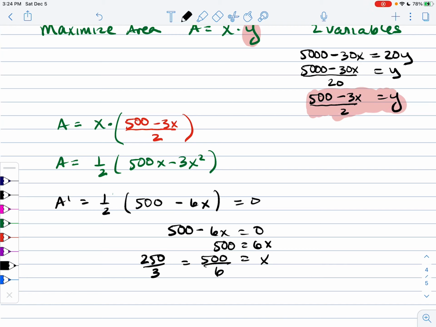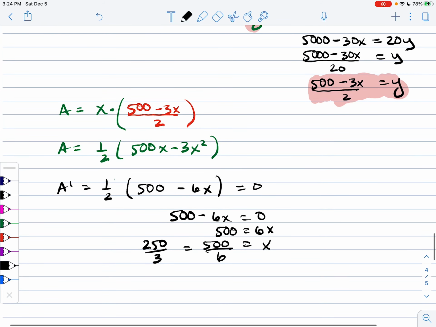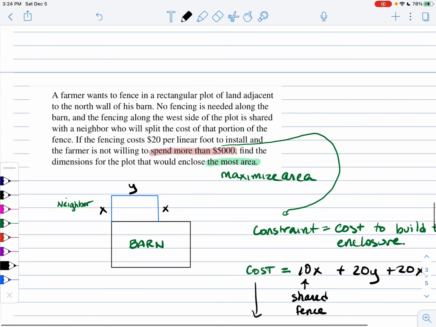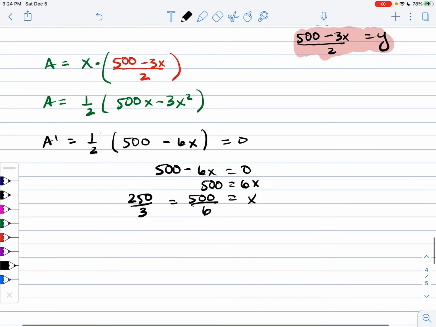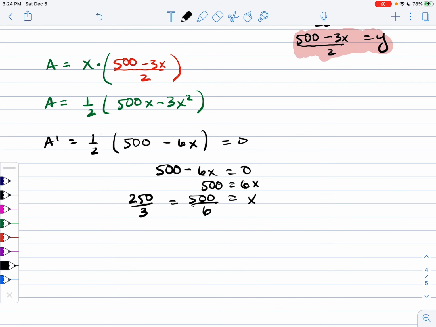Good. And that's the length of the side that is shared with the barn as well as the opposite side, right? Notice, another way of determining if that is going to be the maximum area, I can tell from here, my first derivative is 1/2 times (500 minus 6x).